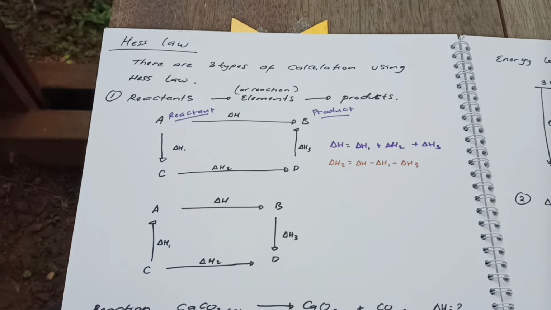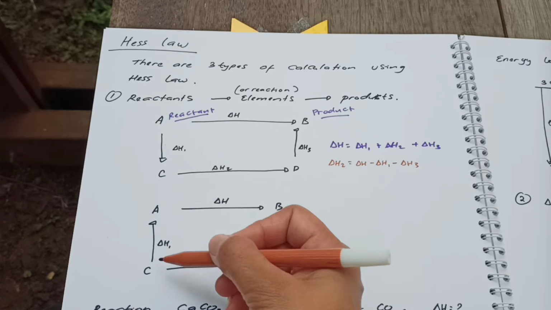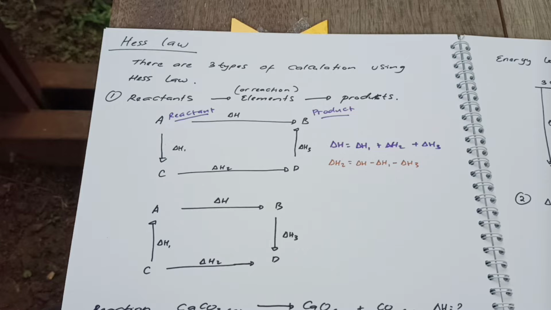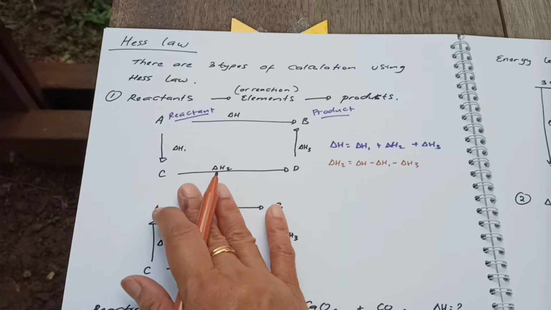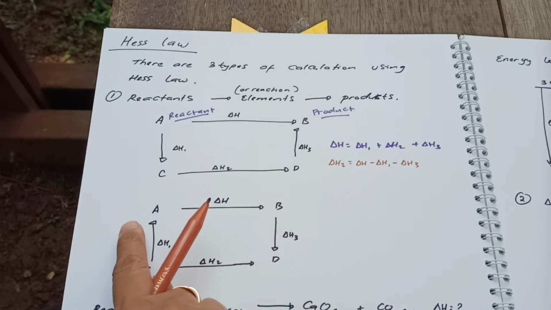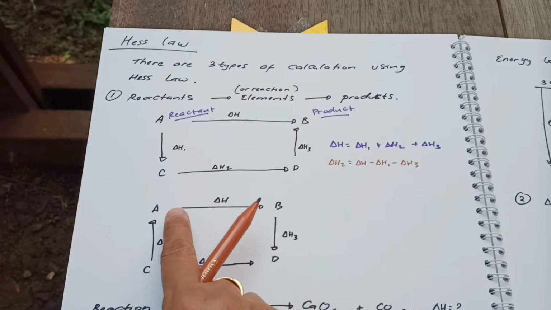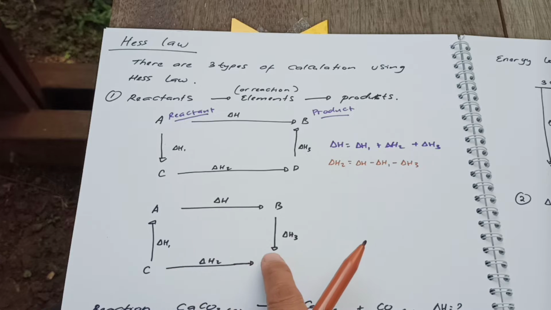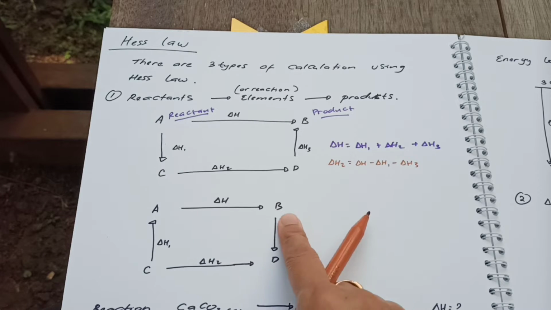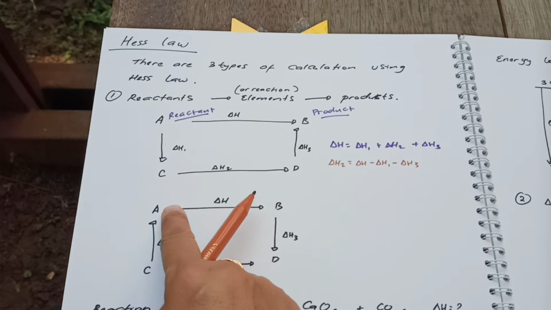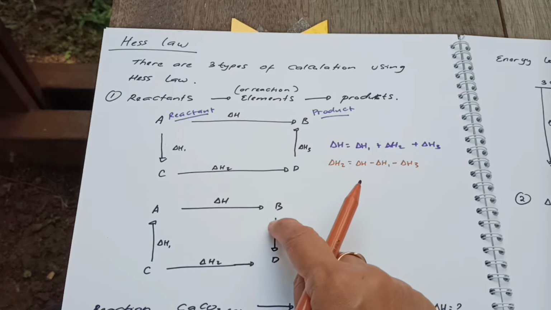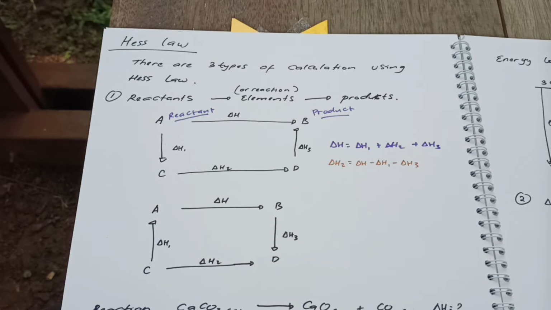Now, on the way, sometimes you have different arrows, which means instead of going from A to C, you are given the enthalpy of C to A. However, to create a reaction from A to B, you have to go from A to C, C to D, and then D to B, not the other way around from C to A, unless the reaction is from B to A. That can also happen.